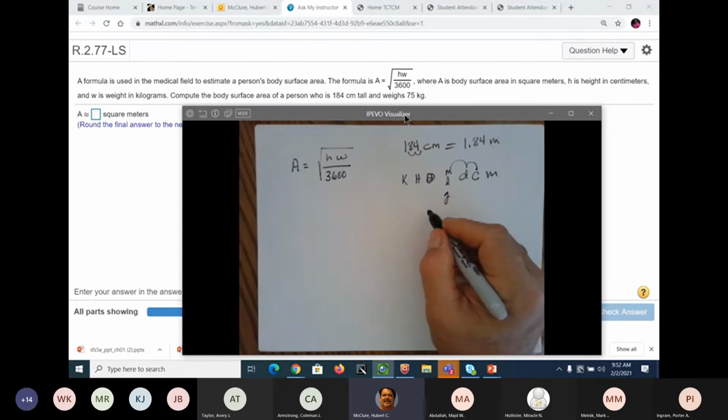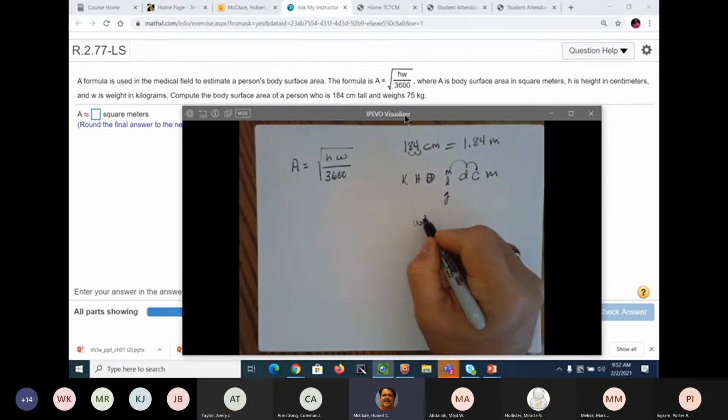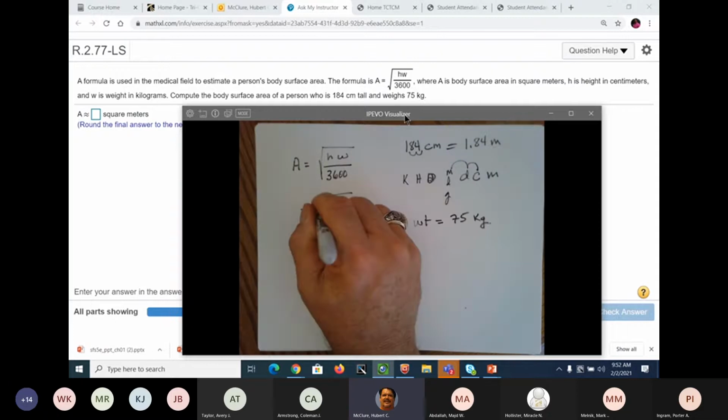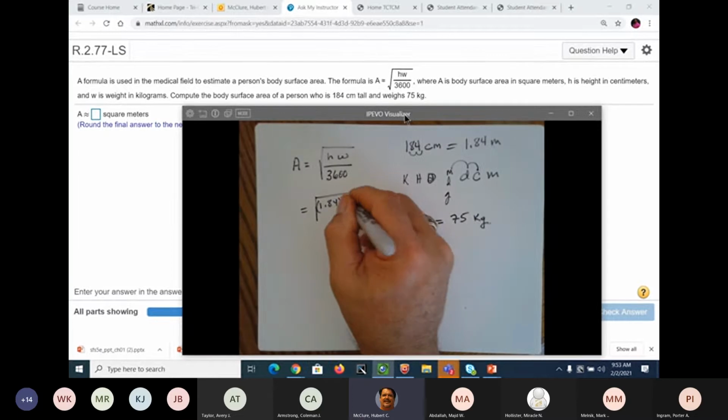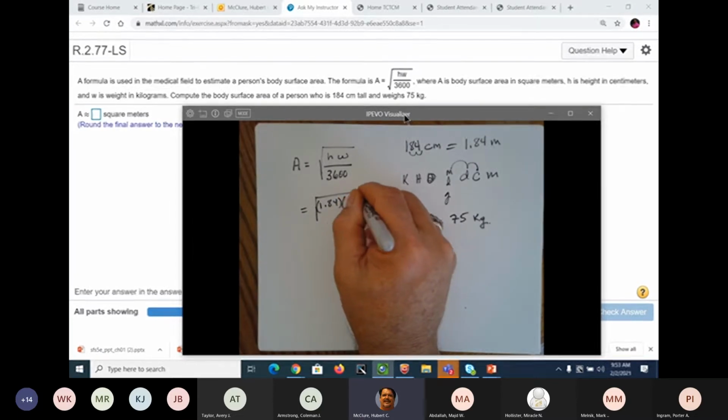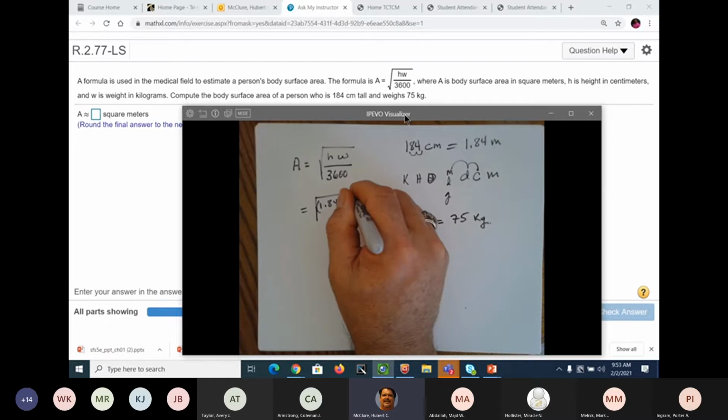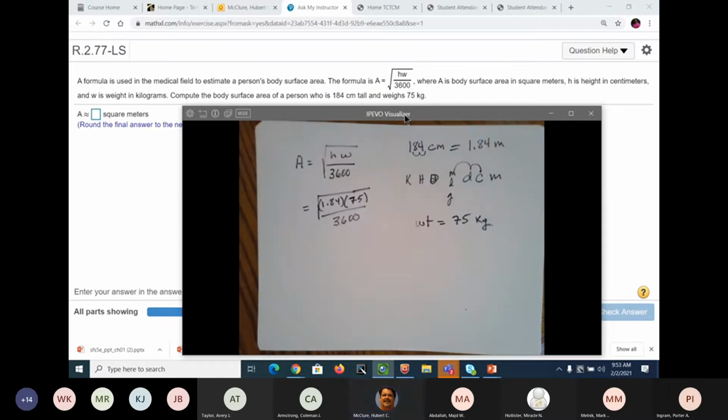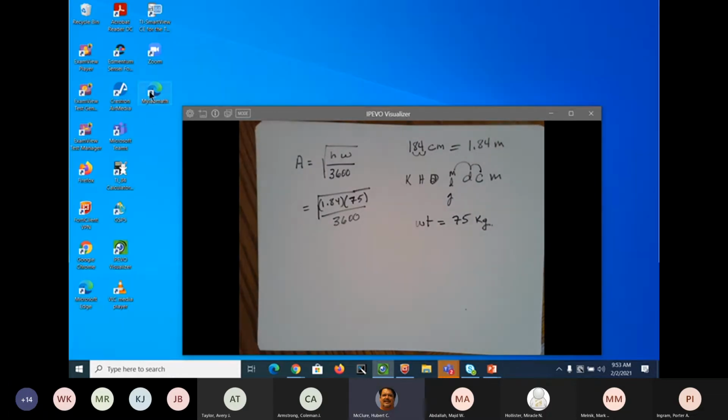And the weight is equal to 75 kilograms. So that's equal to the square root of 1.84 times 75 divided by 3,600. So I'm going to take my handy dandy calculator. I can't use this one anymore, so I'm going to have to use this one.